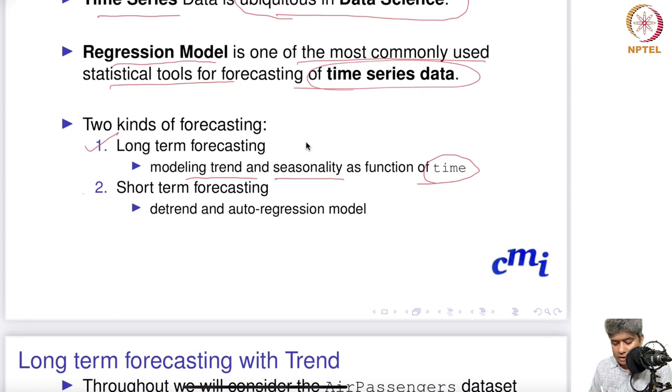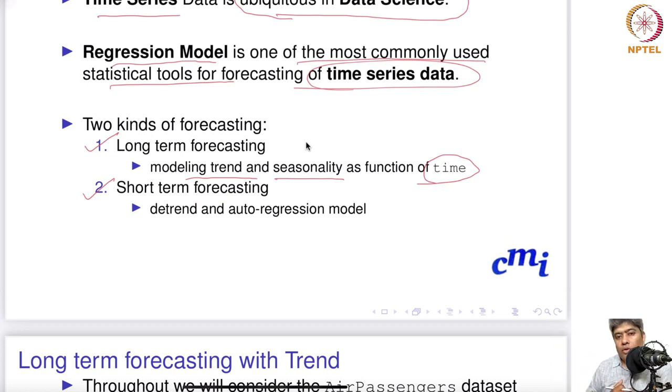Another objective is short-term forecasting. In short-term forecasting, we are typically interested in forecasting the next time period or the next 2 time periods, maybe the next 3 time periods. You will not even go up to 4 or 5 time points.